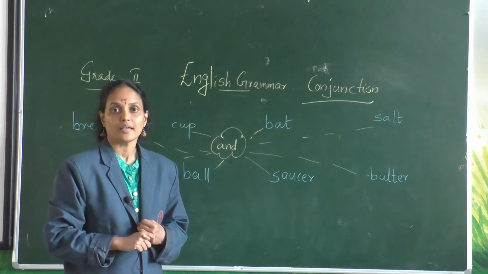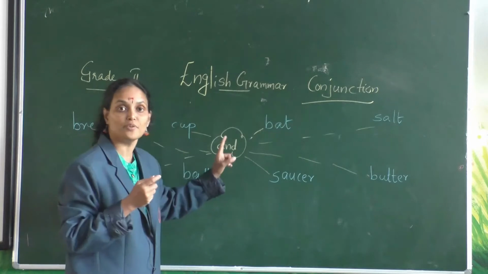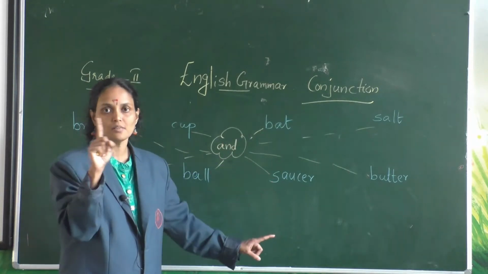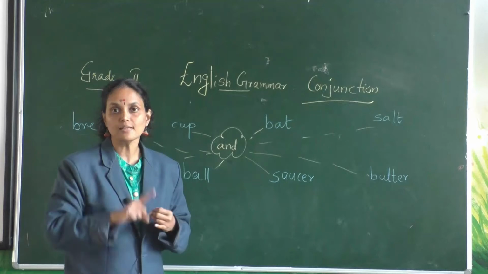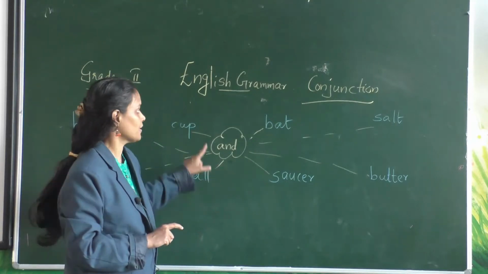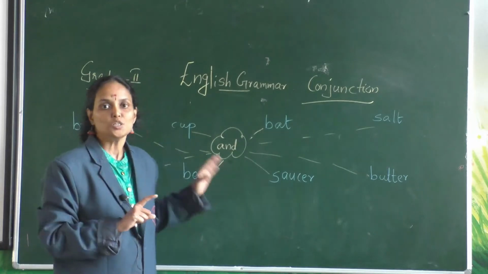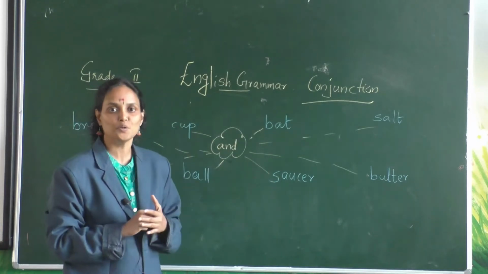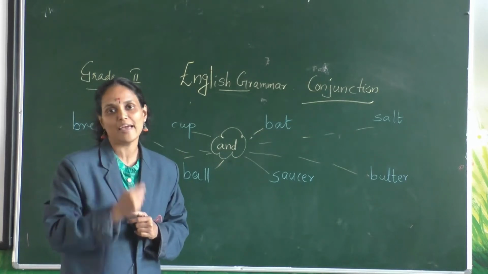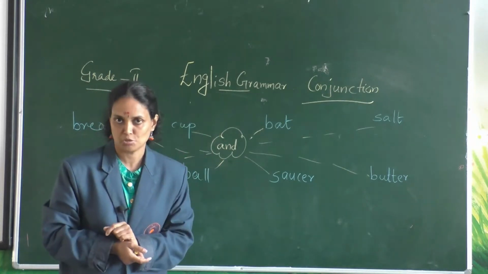Conjunction is used to join or combine words or sentences to frame one single sentence or one single expression. Here we have used the conjunction and to frame a word pair. Two similar words are used together to form a single expression. Bread and butter. It's a single phrase, single expression.